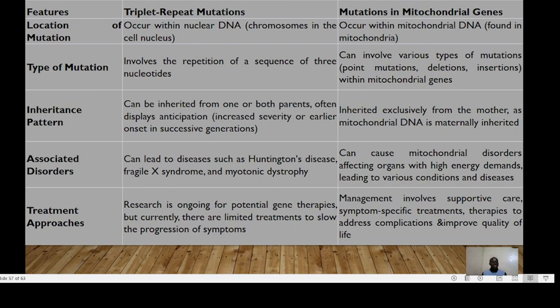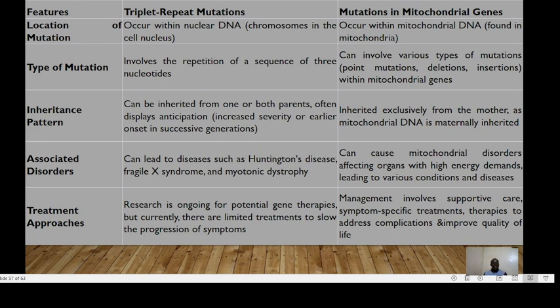When you look at associated disorders, triplet repeat mutation can lead to diseases such as Huntington's disease, Fragile X syndrome, and myotonic dystrophy. While the mutations in the mitochondrial genes can cause mitochondrial disorders affecting organs with high energy demands, leading to various conditions and diseases.